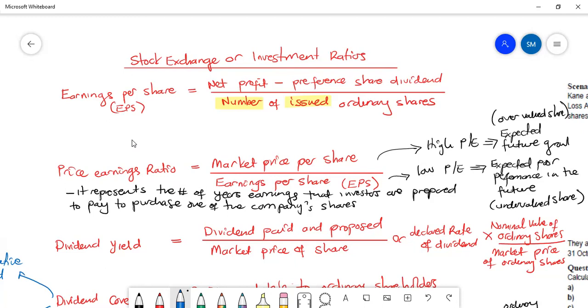Okay, so higher earnings per share indicates high value. Some people see it as a profitability ratio. Okay, interesting.